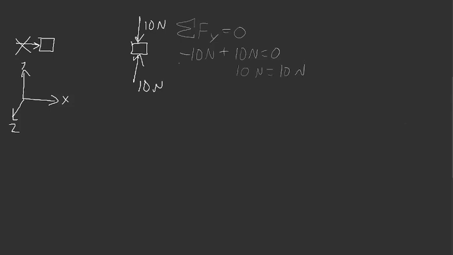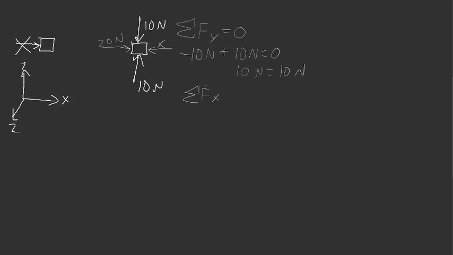Say then we have a force applied in the positive x direction. Let's say it's 20 newtons, right? And say we have another force applied in the negative x direction, and let's call this force x. We don't know what this is, but we can use our equilibrium equations to figure it out.